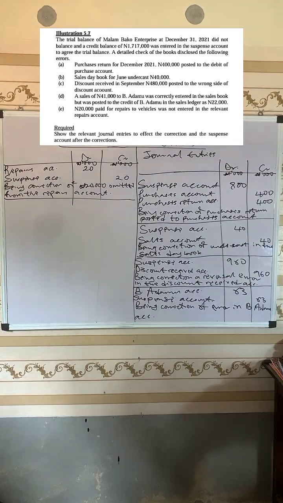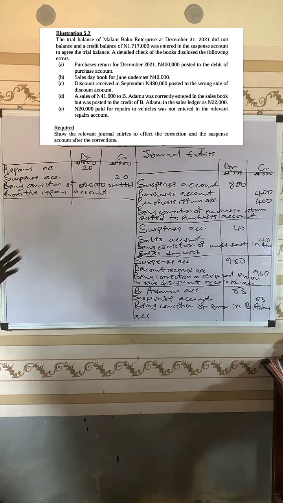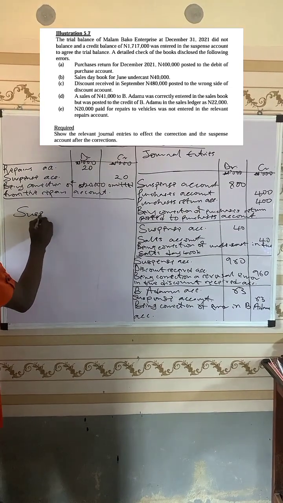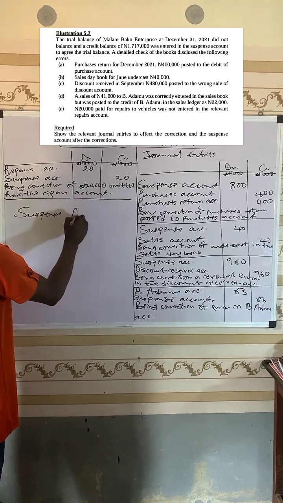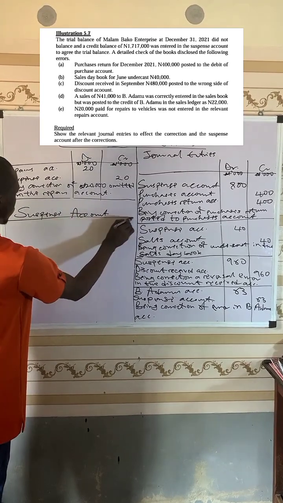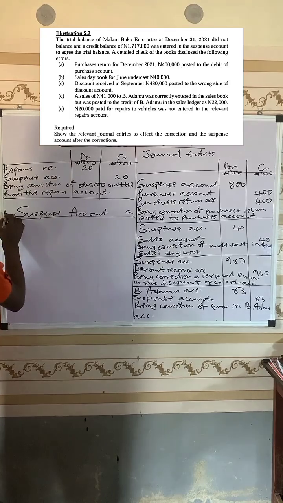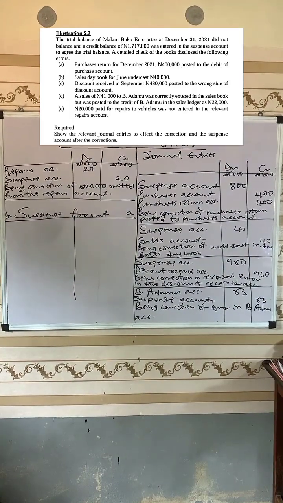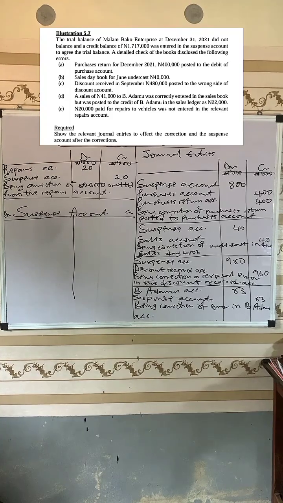So now we are done with our journal. Let's prepare the suspense account. Suspense account. Credit, debit. Now let's go back to the beginning of the question.